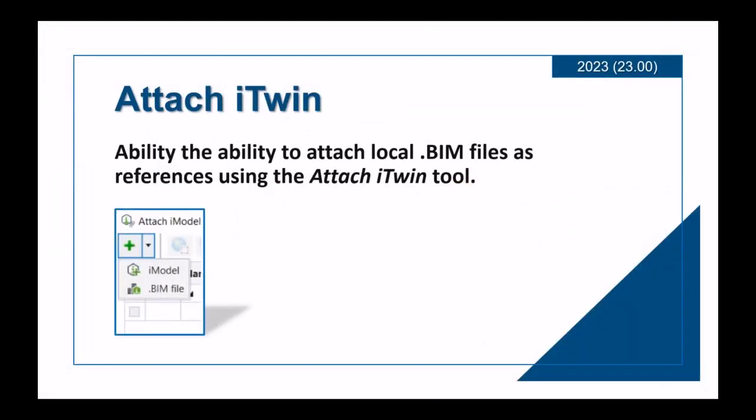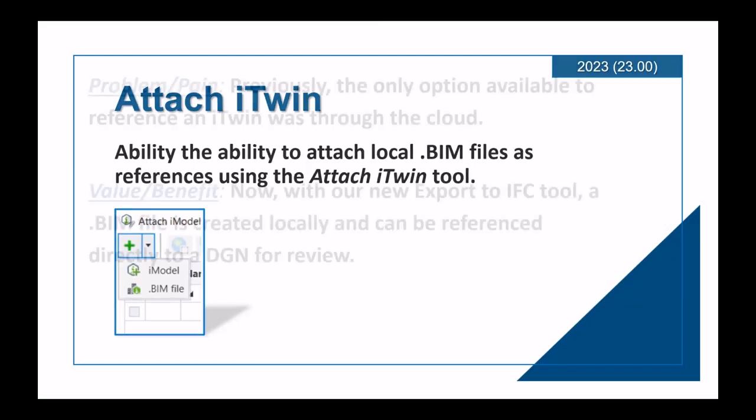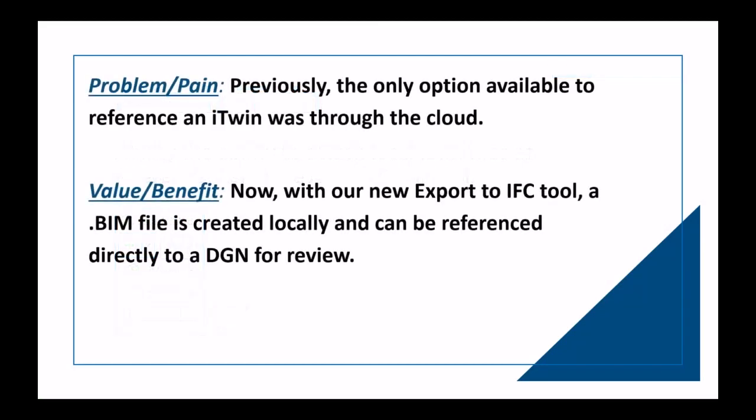Another new thing that we've added in the 2023 release is now the ability to attach a local BIM file as a reference using the attach iTwin tool. Now, you've been able to, in the past, reference an iTwin through the cloud. But of course, that takes a lot of setup and everything.